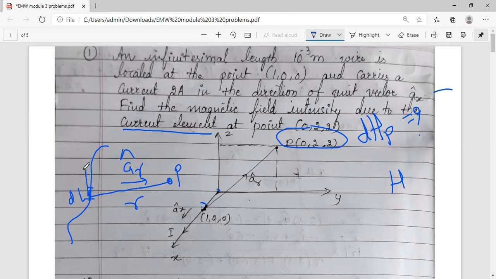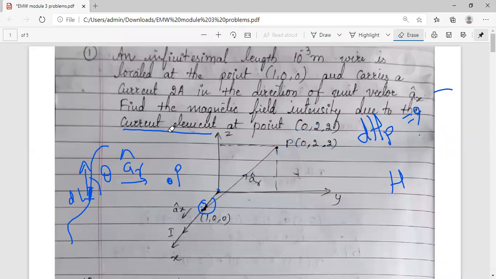DL's unit vector is in this direction, along whatever line you are considering, and this is the angle theta. Fine. So if I take that, you can see the point is here, and the element is here. So the line joining is somewhere here. So that is AR. Okay. So I'm applying the Biot-Savart's law concept to this particular problem.